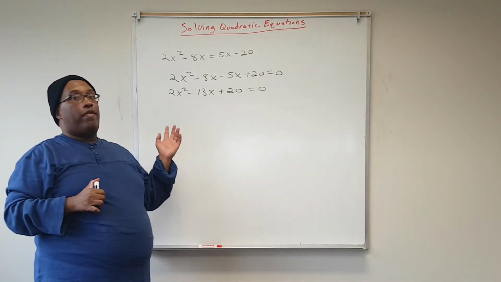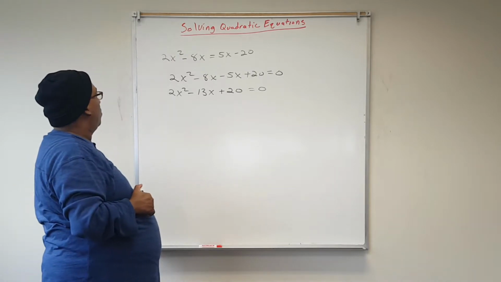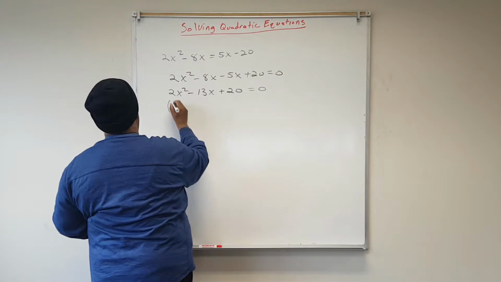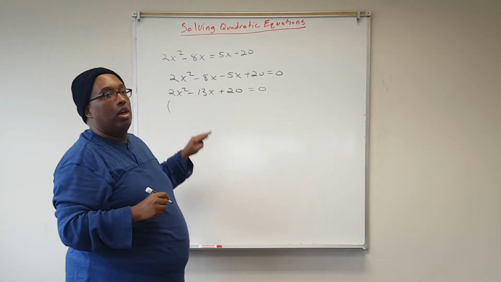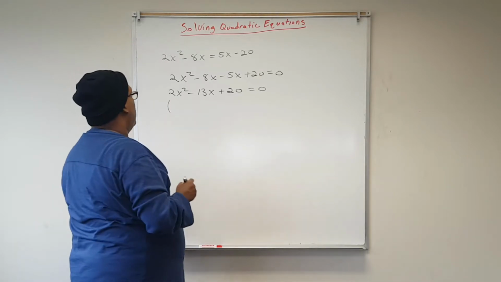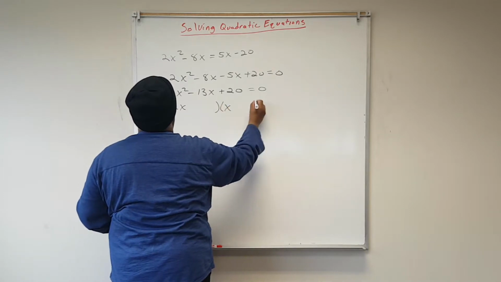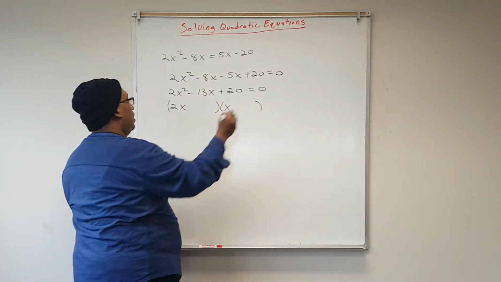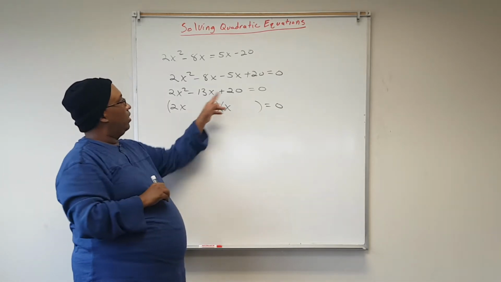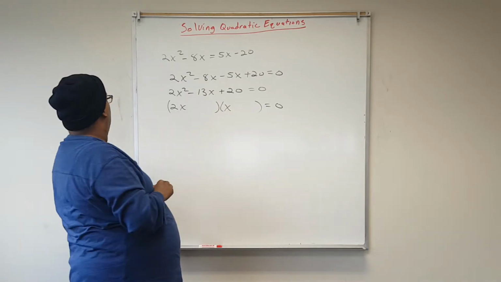So now we want to factor this, but we have a leading coefficient here. Since this leading coefficient is a prime number, we know we only have one choice, 2x and x. So now we just have to worry about how we're going to get a product of 20 and a sum of 13.